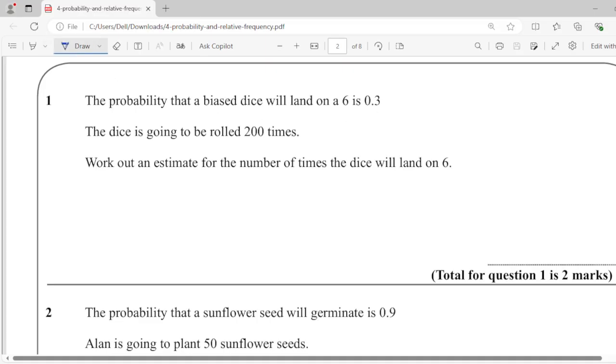Now 0.3 is 30%, so you have to work out 30% of 200, which is 60. So the estimated number of times this dice will land on 6 if it's rolled 200 times is 60.